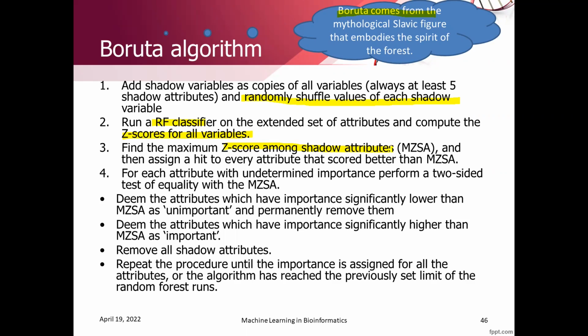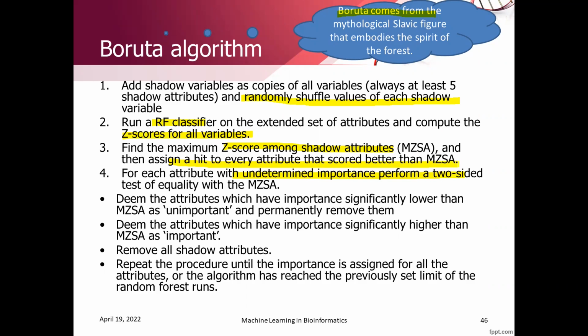This is the best of these attributes. Then for each attribute with undetermined importance, we assign a hit to every attribute that scored better than the maximum z-score of the shadow attributes.